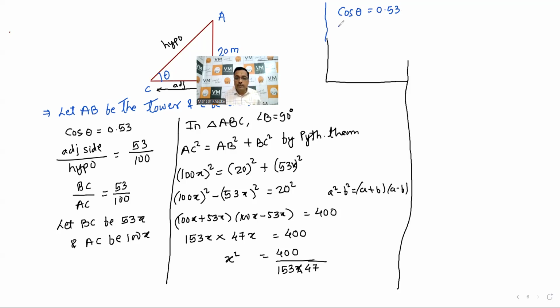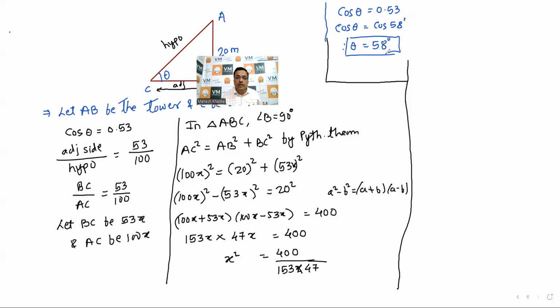So cos theta, this is a value of 0.53 means 5300, that one is a cos 58 degree. Okay, and the cos theta is equal to cos 58 degree means theta becomes 58 degree. Now we have value of theta.